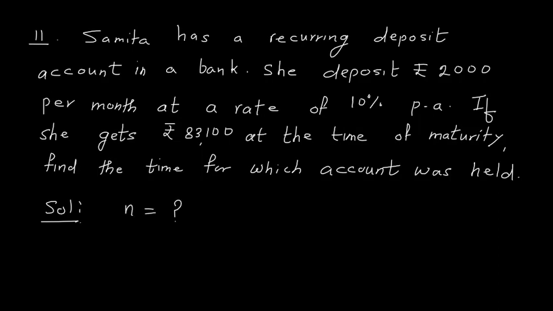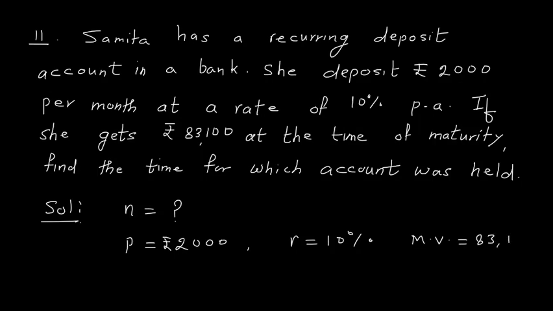Now what is given? P is rupees 2000. R is given, 10%. 83,100 is the maturity value, MV.